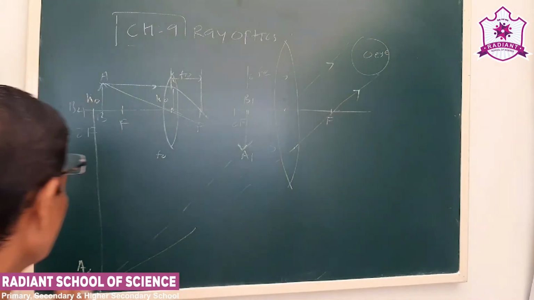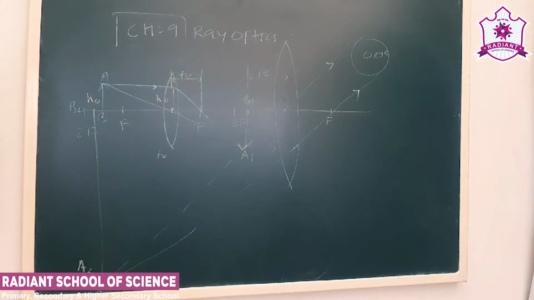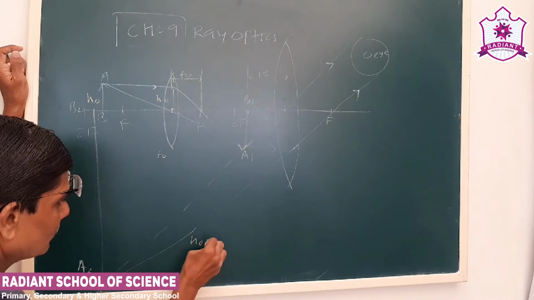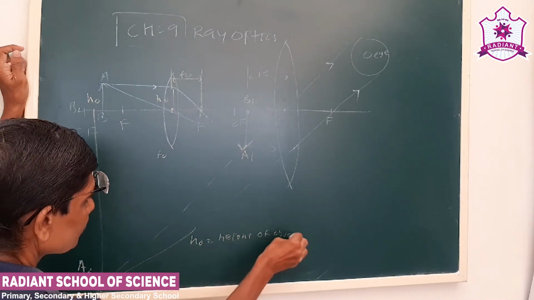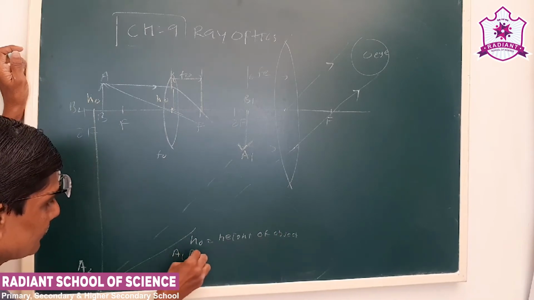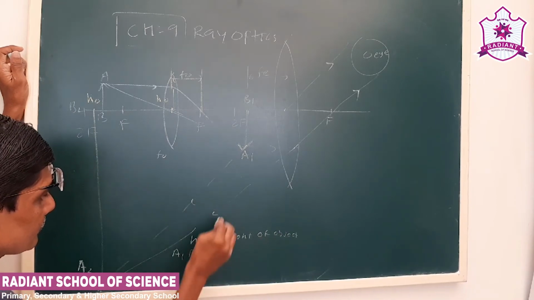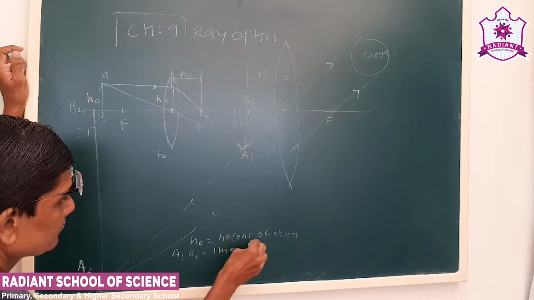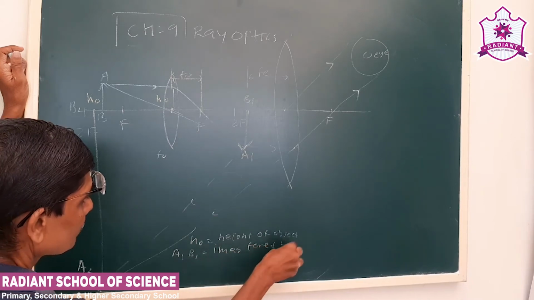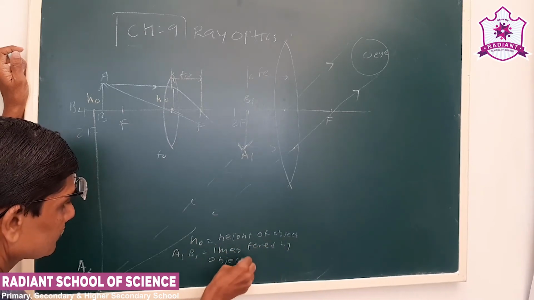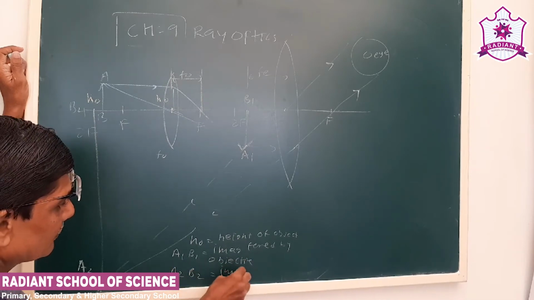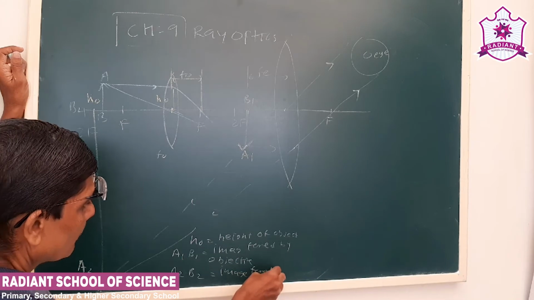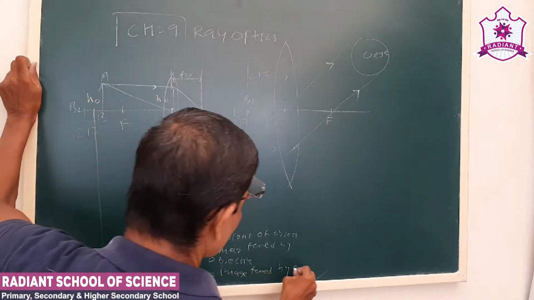So we say A2 B2 is the image formed by the eyepiece. Now, HO is the height of the object, A1 B1 is the image formed by the objective, and A2 B2 is the image formed by the eyepiece.